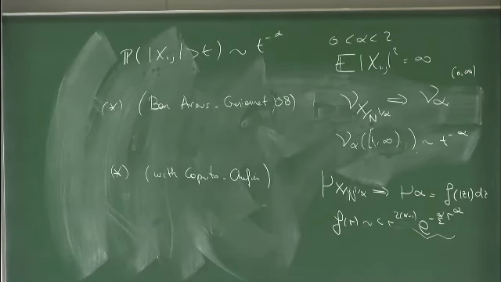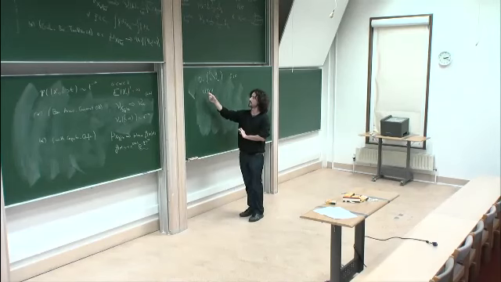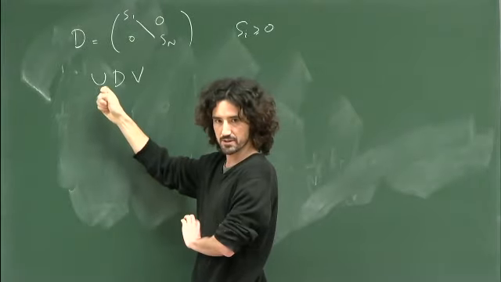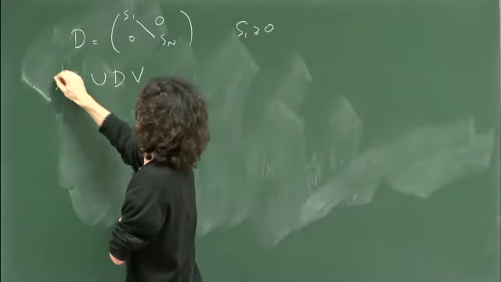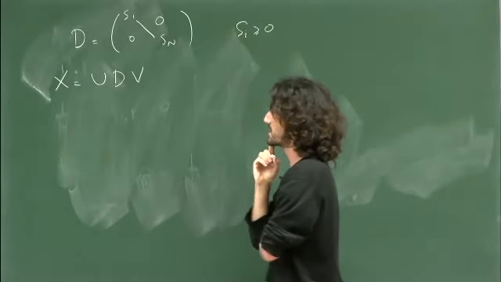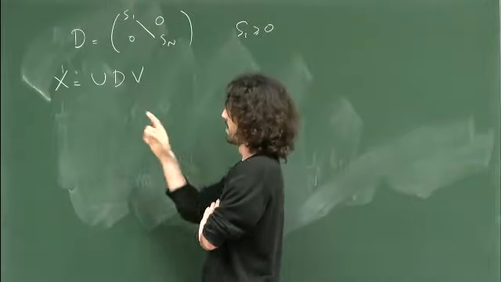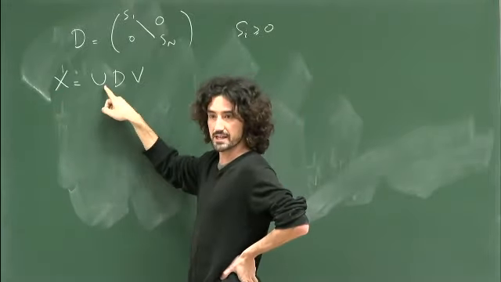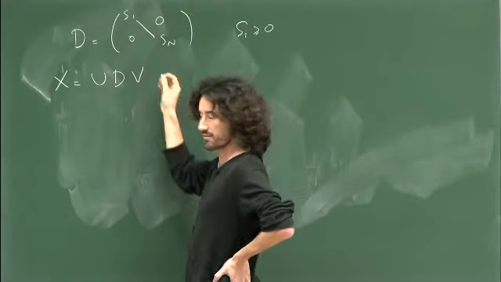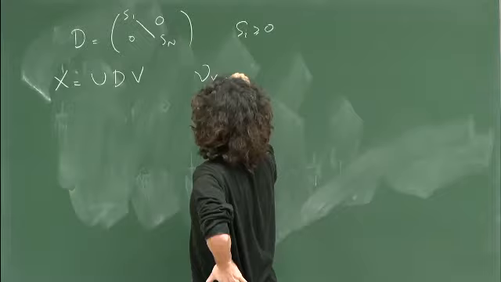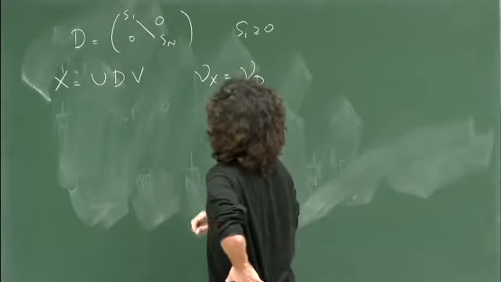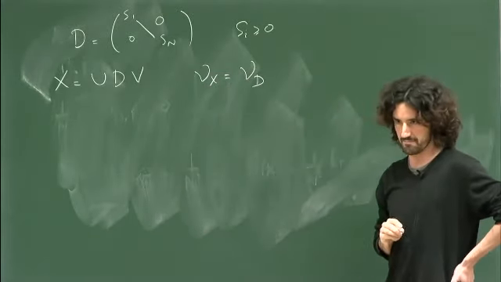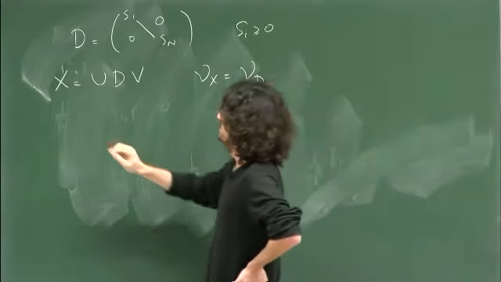So if you take a diagonal matrix like that, and take two unitary matrices, U and V, and form the matrix U D V, this will be a matrix whose singular values will be exactly the s_i.